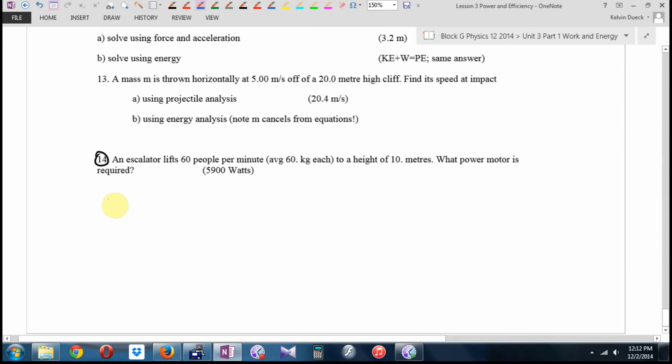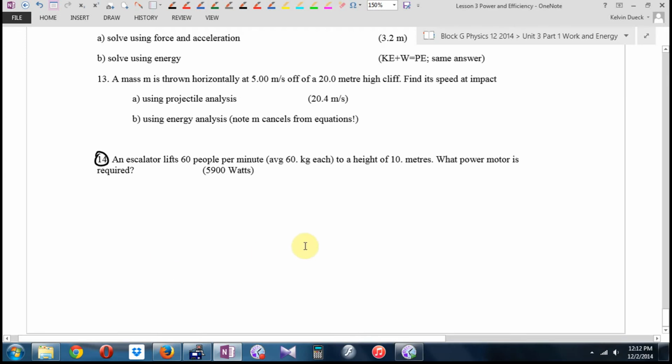Oh, and 14, I think 14 is going to be kind of similar to the stair climber in that you have your average height, but what you got to think about is what's the mass? 60 people times 60 kilograms. What's the time? How many seconds elapse here? Where'd you get the 60 from? It says per what? They gave you the time as an English word, so it's going to be in terms of power over 60.